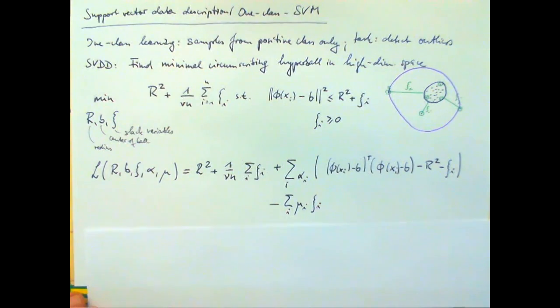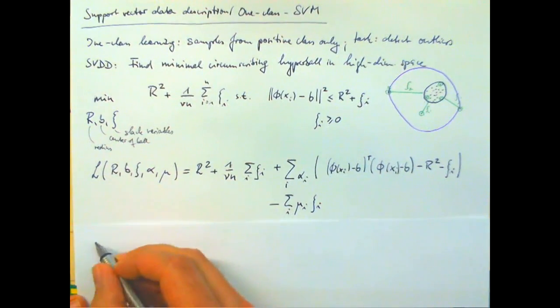So here's my Lagrangian, and I now differentiate it with respect to the primal variables first.